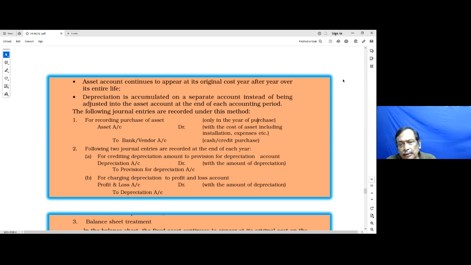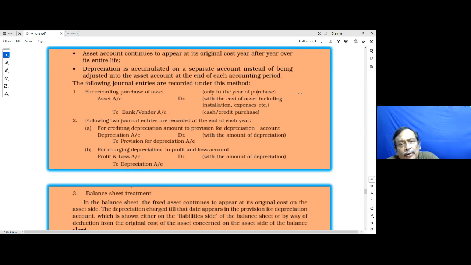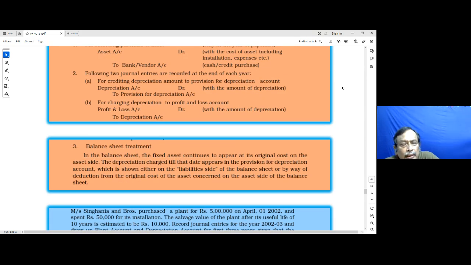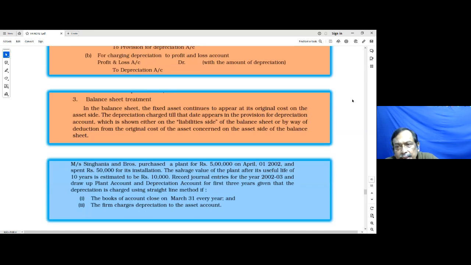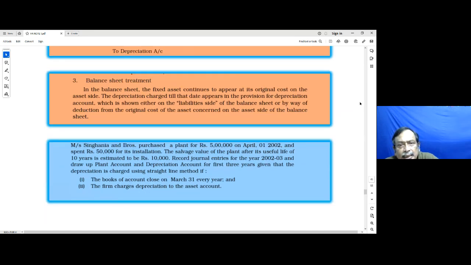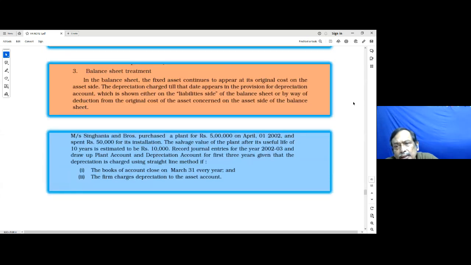Following two journal entries are recorded at the end of each year. For crediting depreciation amount to provision for depreciation account, the entry will be depreciation account debit to provision for depreciation account. And for charging depreciation to profit and loss account, PL account debit to depreciation with the amount of depreciation. Number 3, balance sheet treatment. In the balance sheet, the fixed asset continues to appear at its original cost on the asset side.